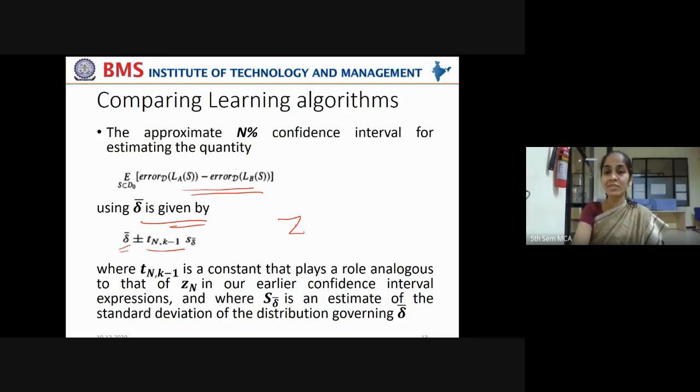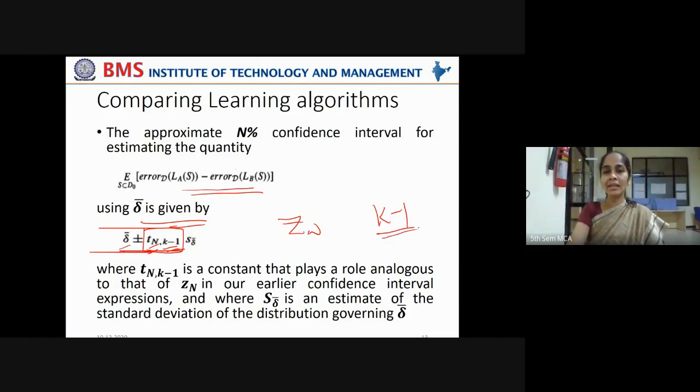It is same as your Z score, you remember? Z score, critical value. A critical value which is used to calculate the confidence interval. This Tn comma k minus 1 is same as that Z score. Critical value, we can call it as critical value, where n specifies the confidence interval and k minus 1 specifies the degree of freedom.